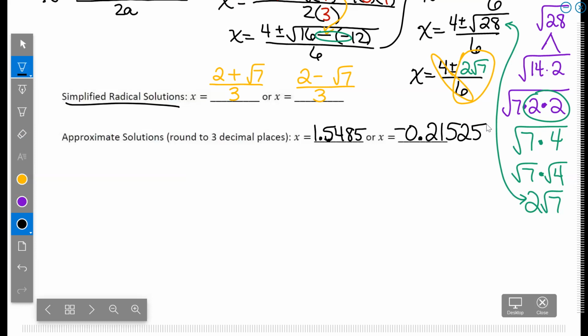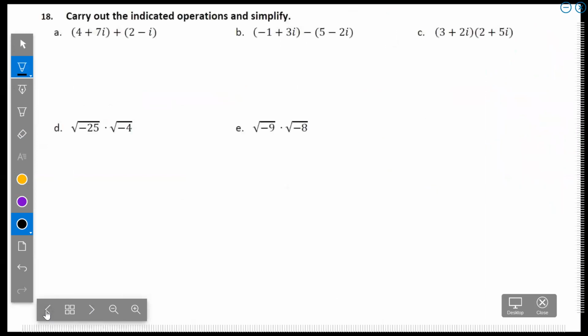All right. Bottom part of the page. Let's do some operations with complex numbers here. On part A, on number 18, what is it asking us to do to these 2 numbers? What's in between these 2? Addition.